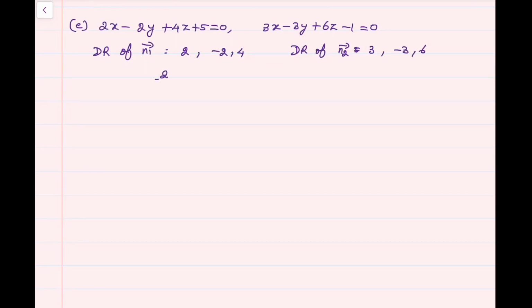Let us check the proportionality. They are all proportional. We get 2 by 3. Therefore, n1 is parallel to n2, which implies planes are parallel.